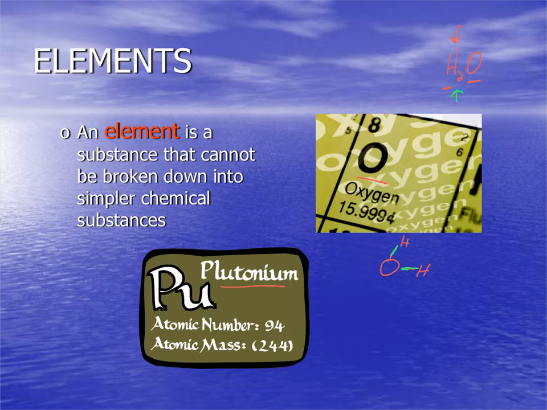But we could take this water, and we can break it up into 2 different elements. Can you guess what those 2 elements are? That's right. It would be oxygen and hydrogen. Now, there are 2 hydrogens there, but the 2 elements that water can be broken down to are oxygen and hydrogen. You cannot break oxygen down any further.